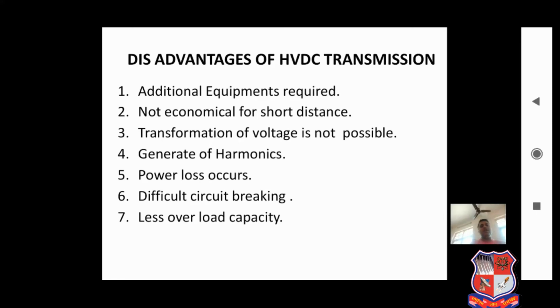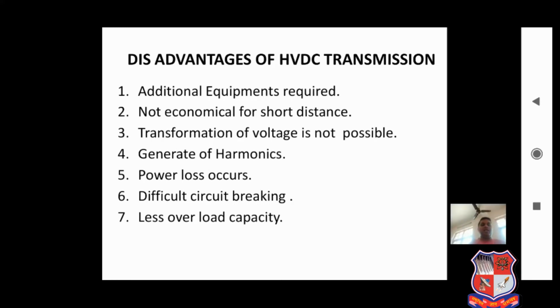Fourth, generation of harmonics. A DC system generates harmonics because thyristors, IGBTs and other power electronic devices are used, which generate harmonics in the system. Power loss occurs in these systems.